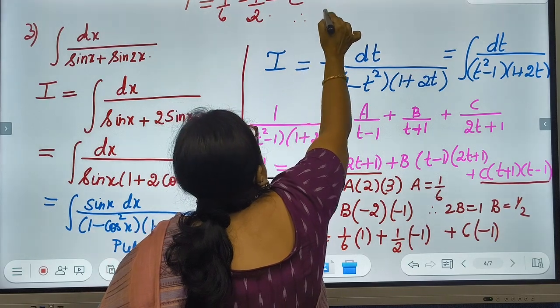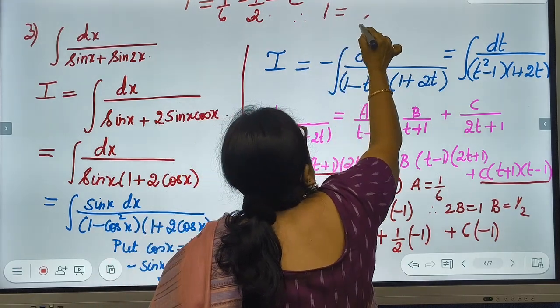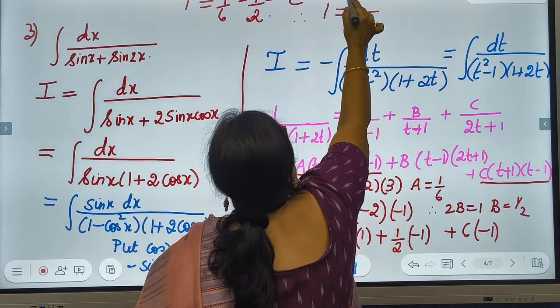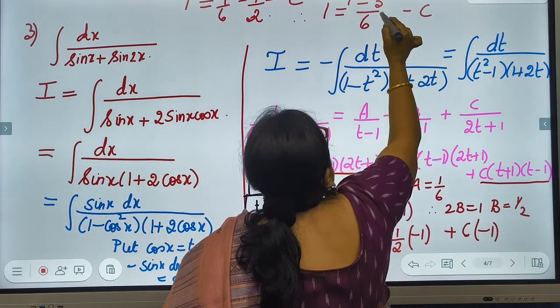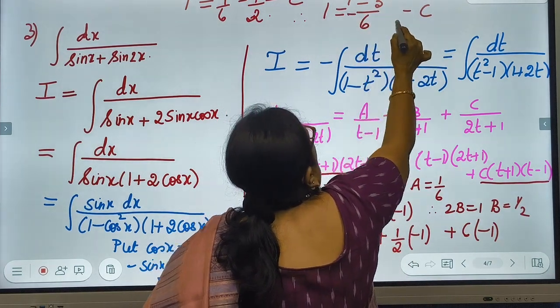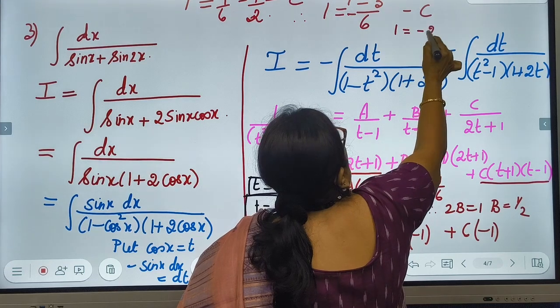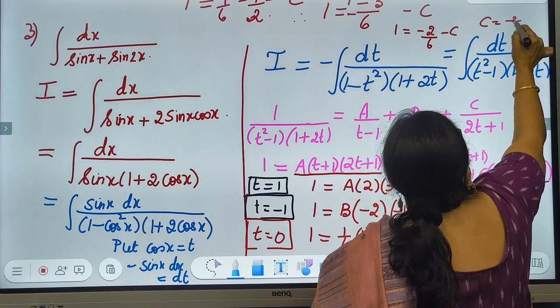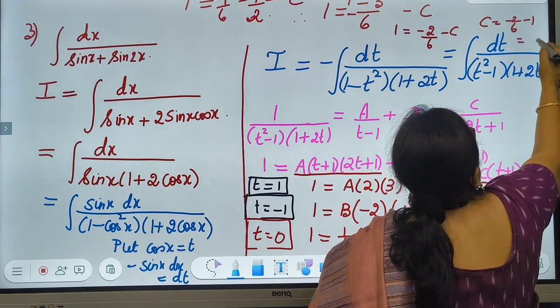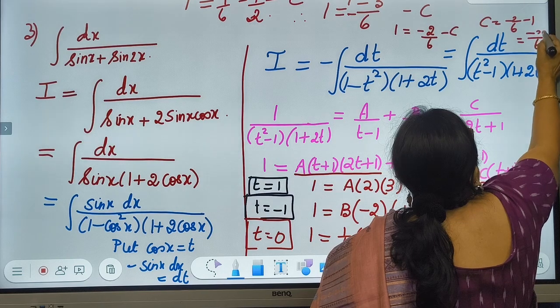So, therefore, 1 equal to, we take 6 as LCM, 1 minus 3 minus c. So, 1 equal to minus 2 by 6 minus c.